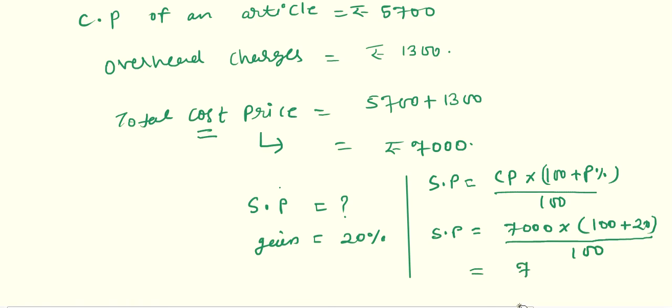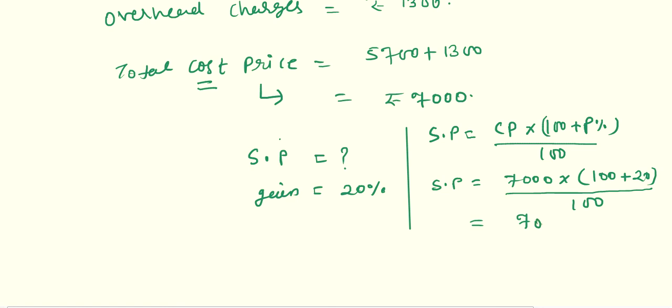So 7,000 into 100 plus 20, 120 upon 100. So 0 0 get cancelled, 0 0 get cancelled. 7 into 12, 84, followed by 00. So rupees 8,400 is the required selling price.